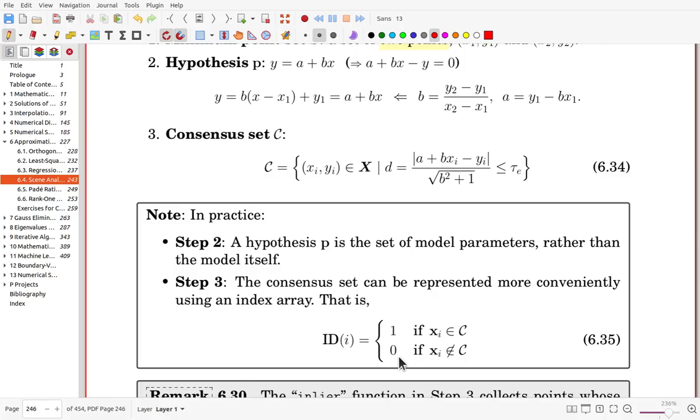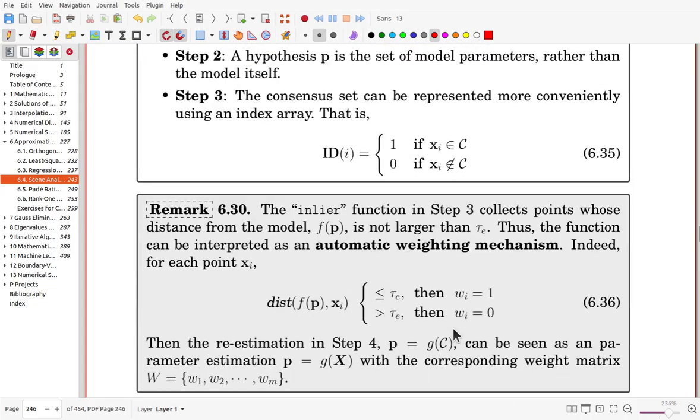So rather than practically collecting the points, we use an index vector to indicate that the points corresponding to value 1 are in the consensus set. Okay.